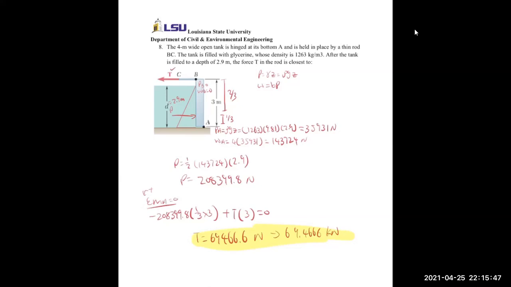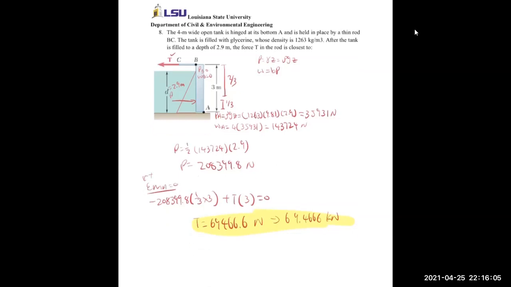Okay, so same equation, P is equal to rho gz and W is equal to the width B multiplied by the pressure P. Okay, so at B, we know that that is above the water surface, which means that it doesn't have any water pressure and doesn't have any water weight. Okay, so we only consider this point A right here.